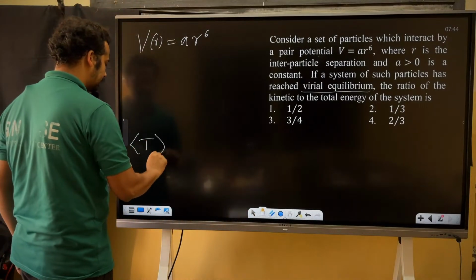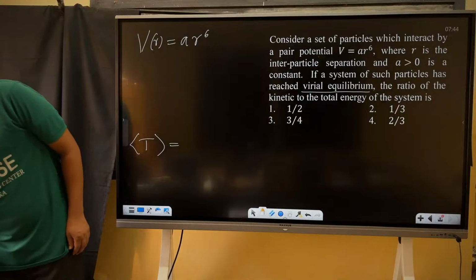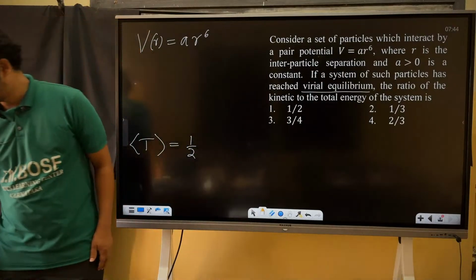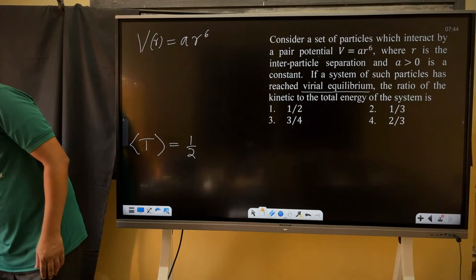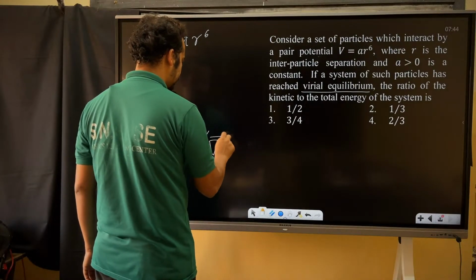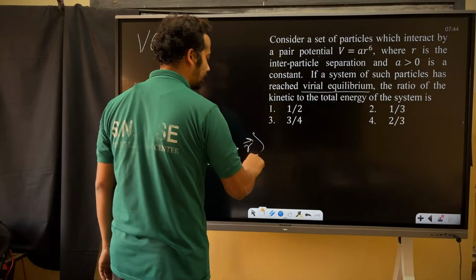Average kinetic energy is equal to half of the average of gradient of V dot r vector, not r cap. Check this out.